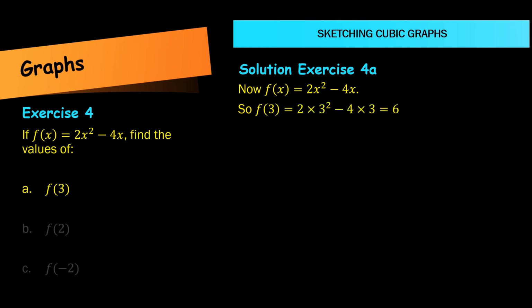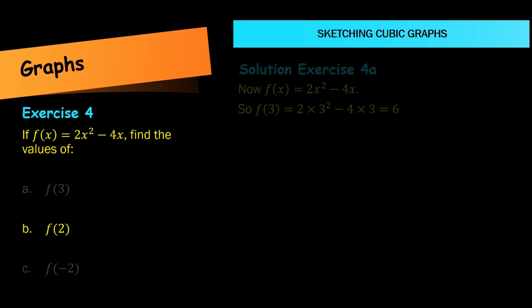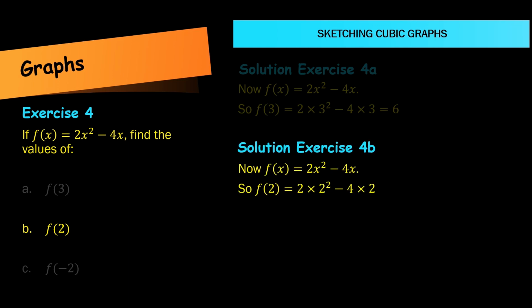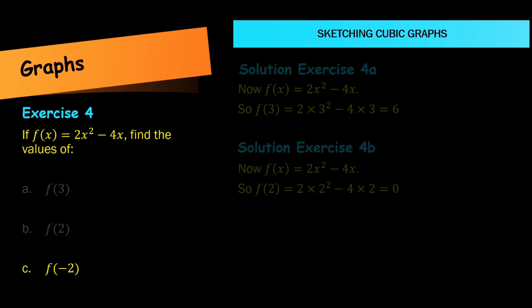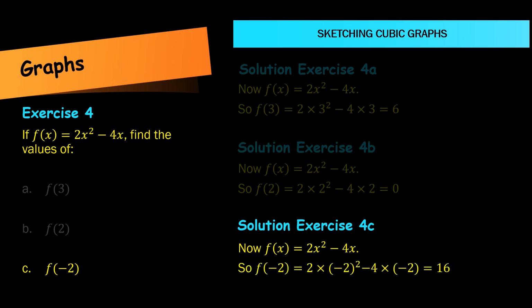And for part B, we need to plug in x equals 2, as shown, to give f of 2 equals 0. And finally, for part C, we plug in x equals minus 2, as shown, to give f of minus 2 equals 16.